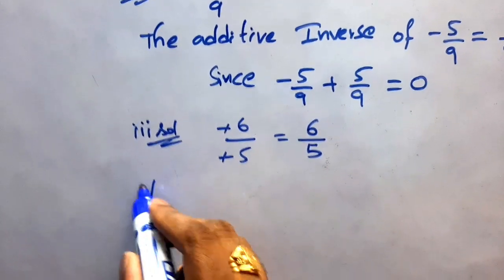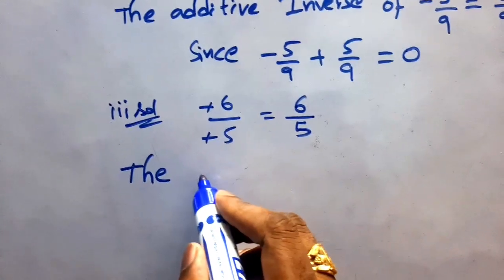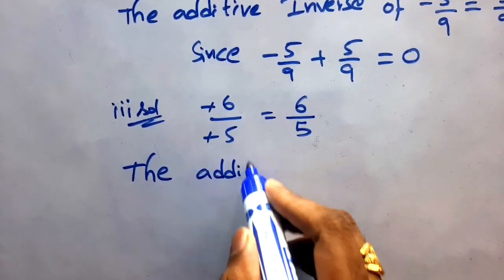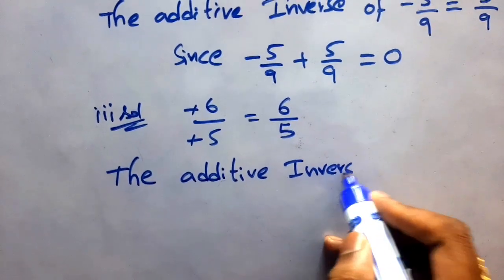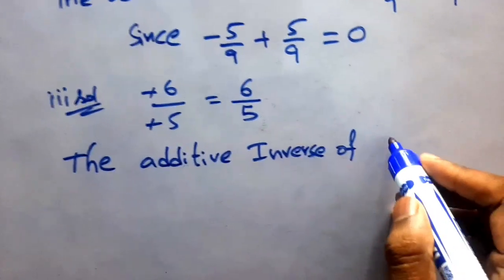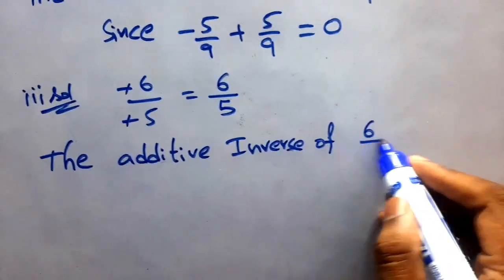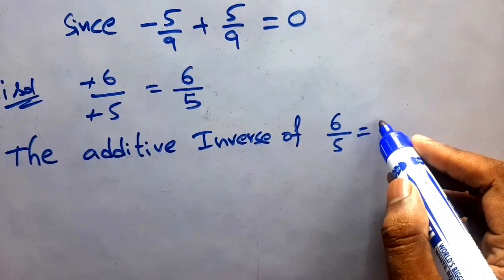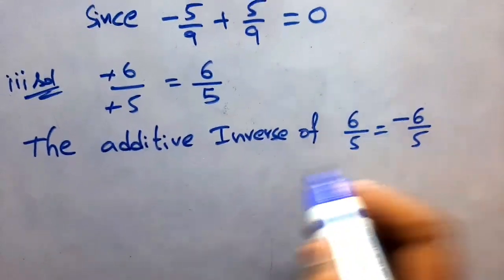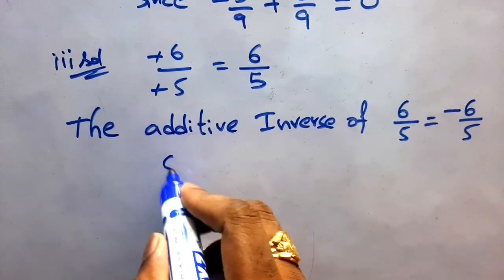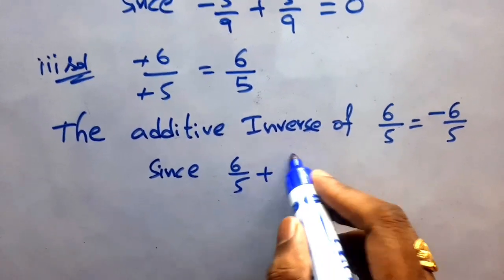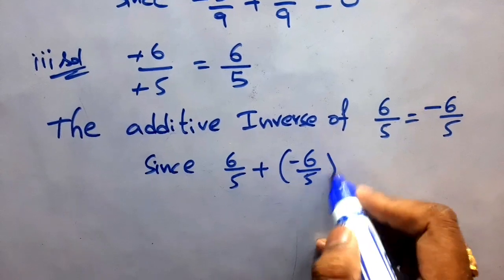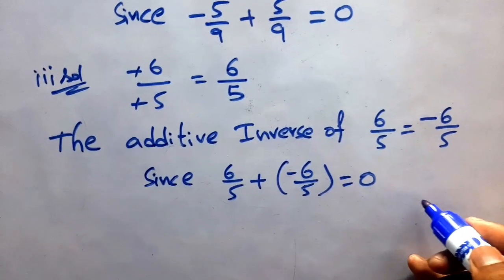So now we can write the additive inverse of 6 by 5 is minus 6 by 5. Why? Because write the reason, since 6 by 5 plus minus 6 by 5 is equal to 0.